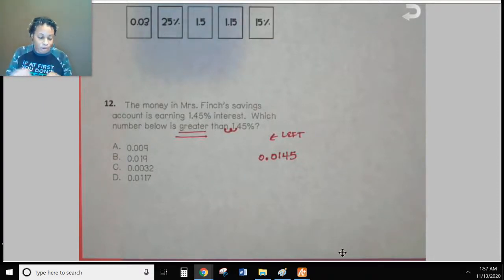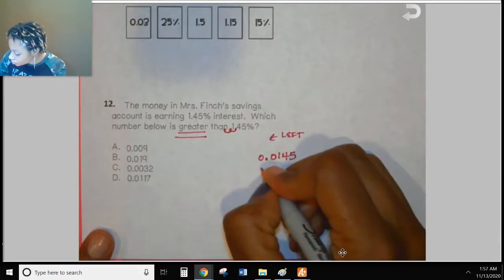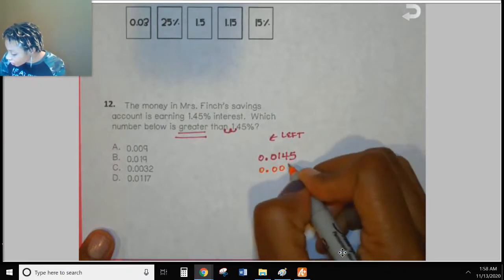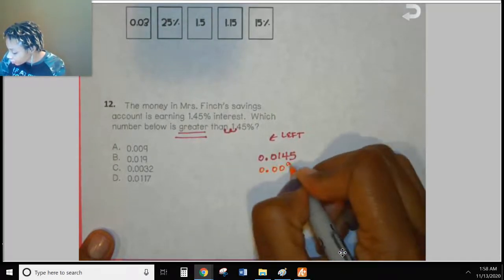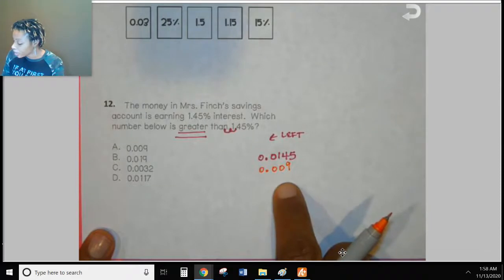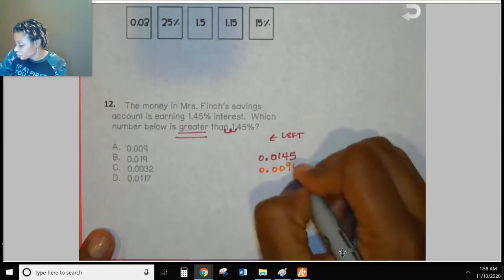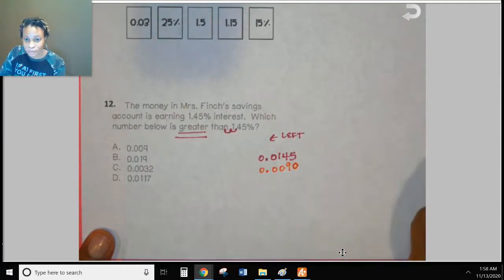So when we are comparing, you want to look at place value. It's all about place value. So I'm going to take some of these numbers and try to line it up here. So here we have 9,000ths, but this number above is 10,000ths.